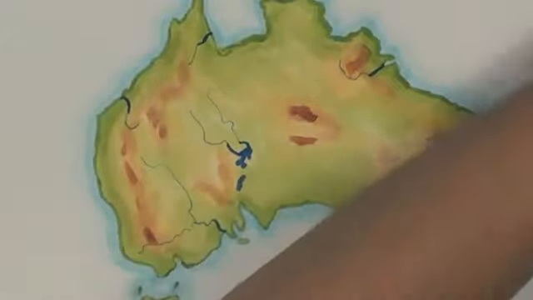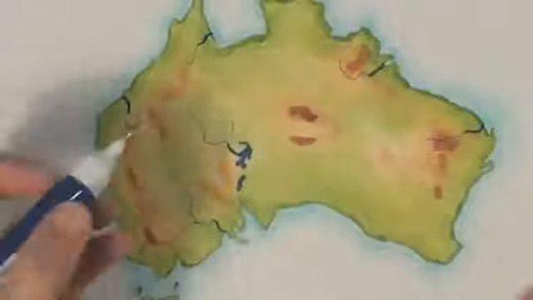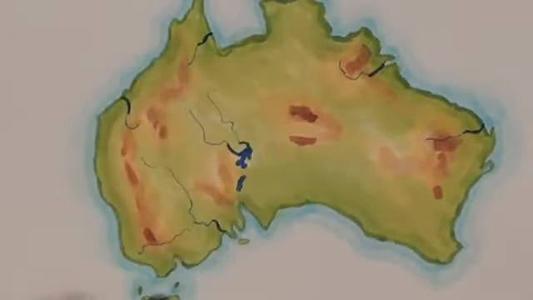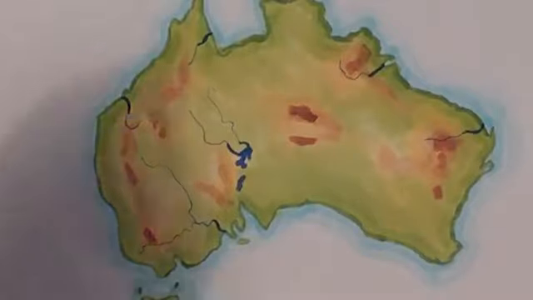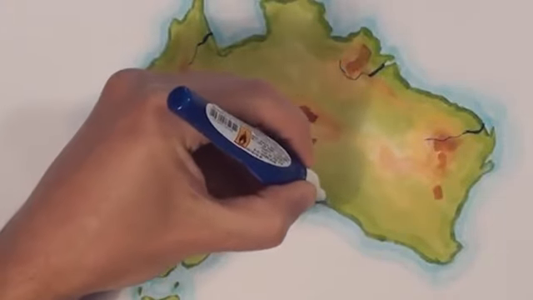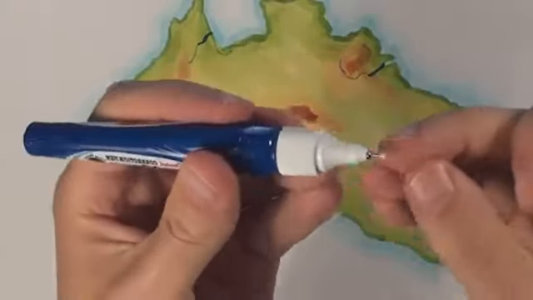Now, I would like to draw borders in Australia. Here we have a straight line. This is a bit dry.